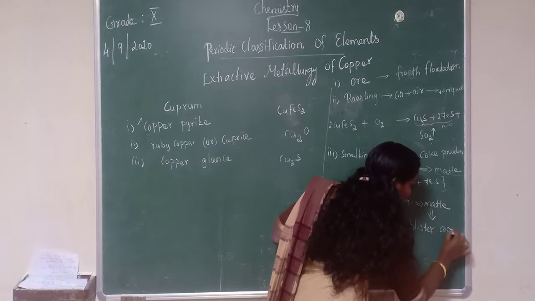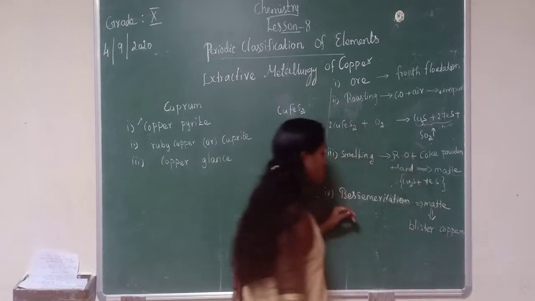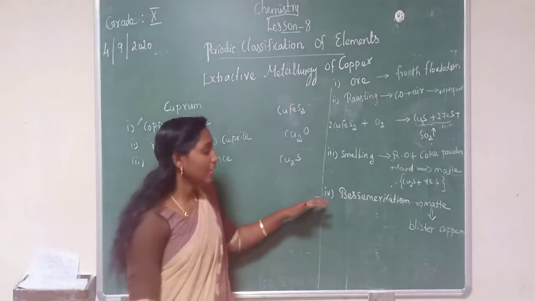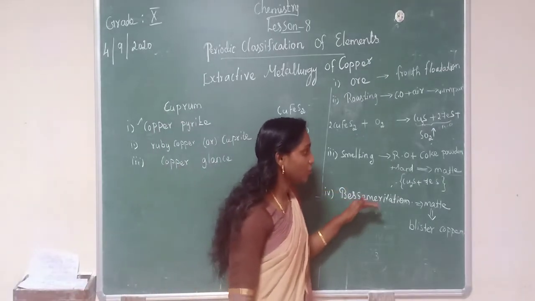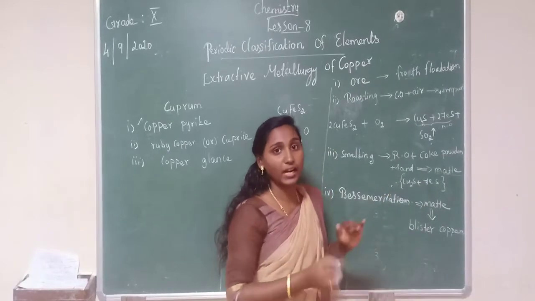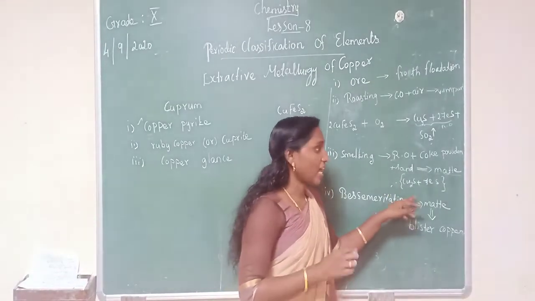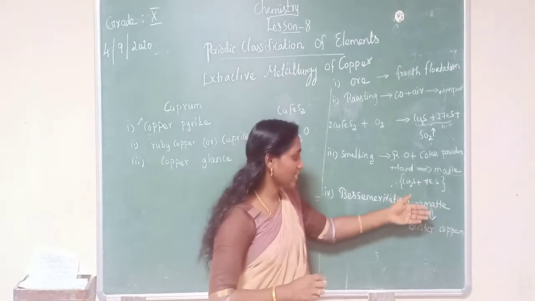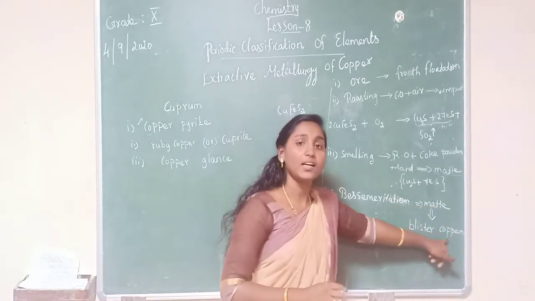Blister copper. Have you understood this bessemerization process? We take the mat in the Bessemer converter, and it is converted into blister copper.